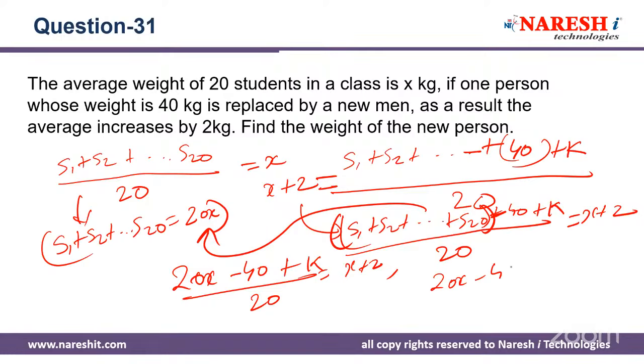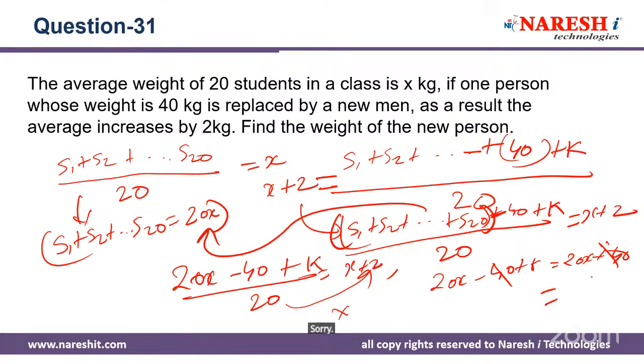20X minus 40 plus K equal to 20X plus 40. Sorry.